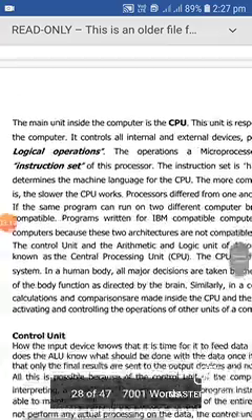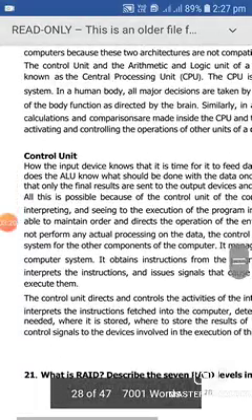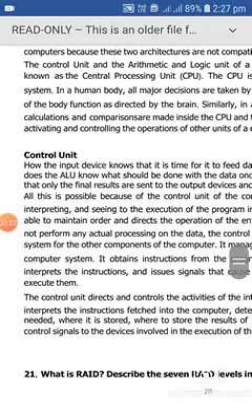The last one we are going to discuss is the control unit. The control unit will control all other units of the computer system. The input devices know that it is time for them to feed data into the storage unit. The ALU knows what should be done with the data once it is received.